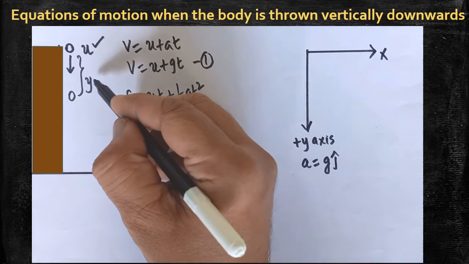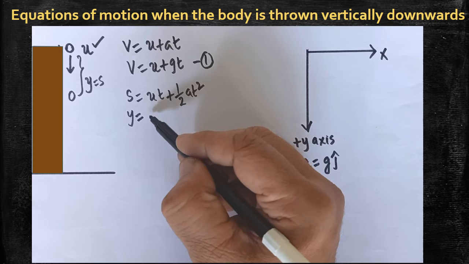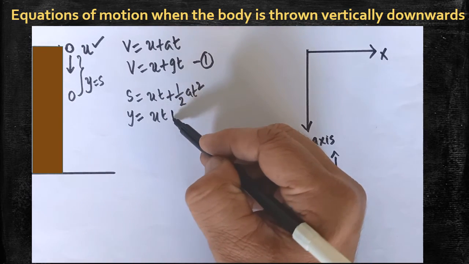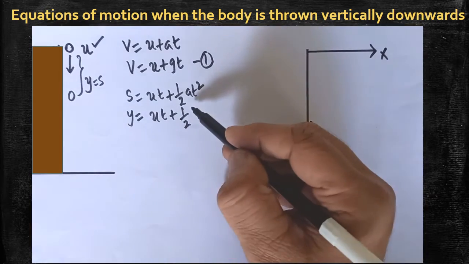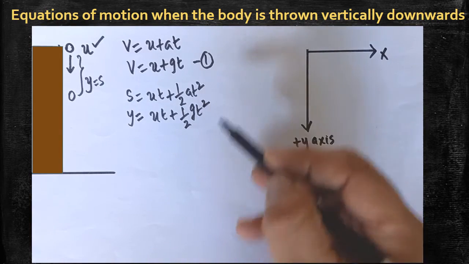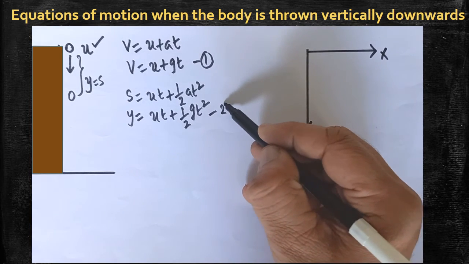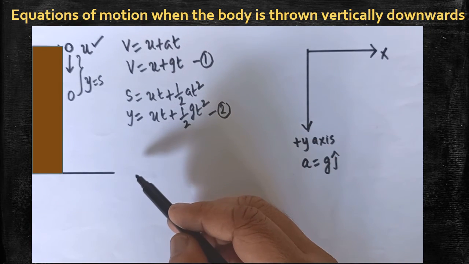Therefore, instead of s, we can write it as y, downward displacement. ut plus half, acceleration due to gravity, a value is g. Therefore, y is equal to ut plus half gt square. This is the second equation of motion for the body when it is thrown towards downward direction.